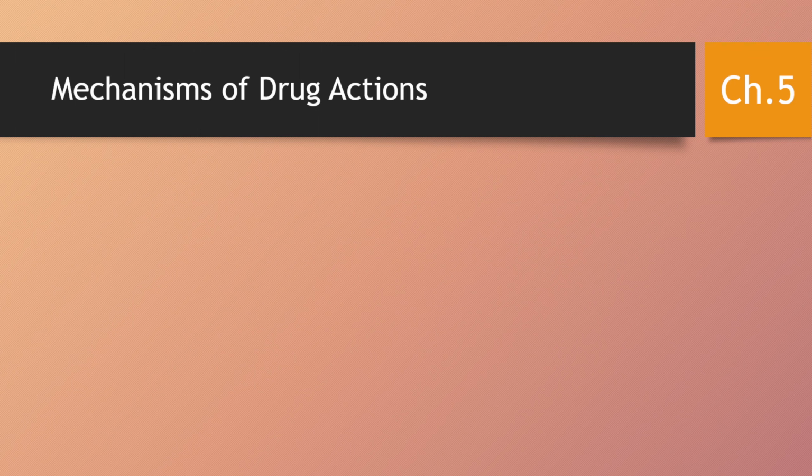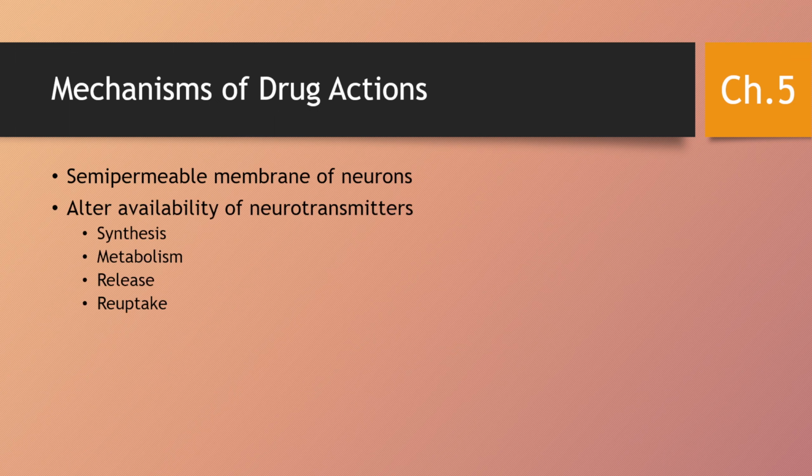All right, wrapping up here towards the end, we've got a few more things to talk about. We're going to talk here about the mechanisms of drug actions, right? So how the drugs sort of have an effect on the neurons. So drugs in general often act through this sort of semi-permeable membrane of neurons, right? So while there's this electrical component, remember drugs are mostly interacting with sort of that chemical side of the neural communication.